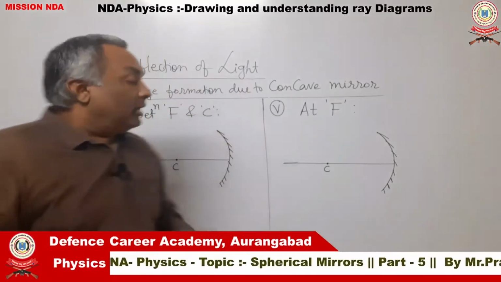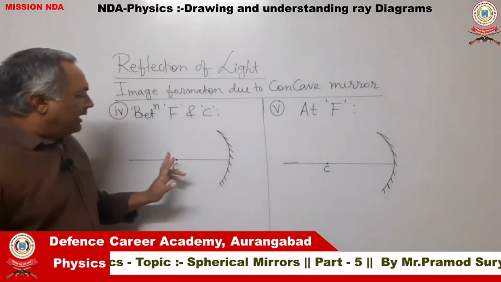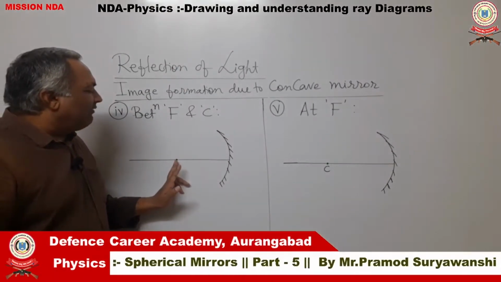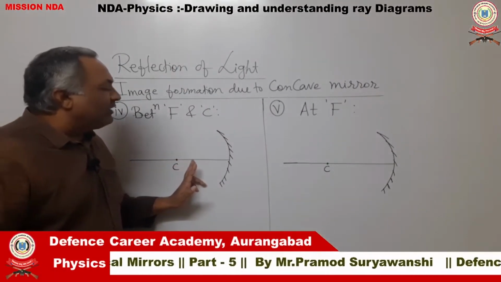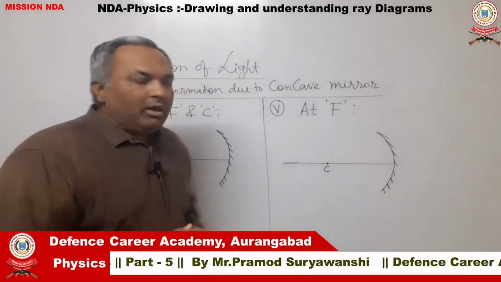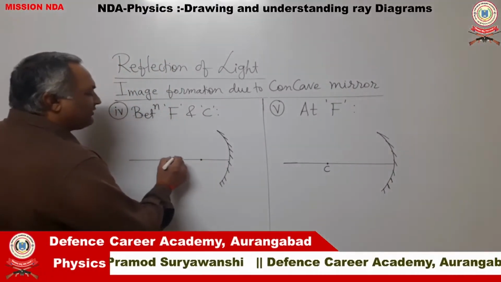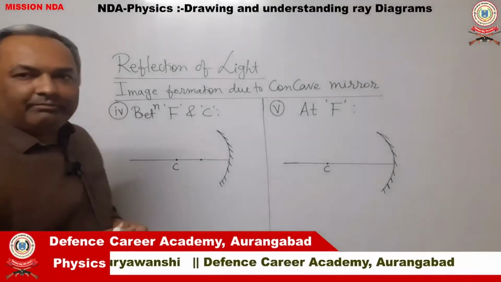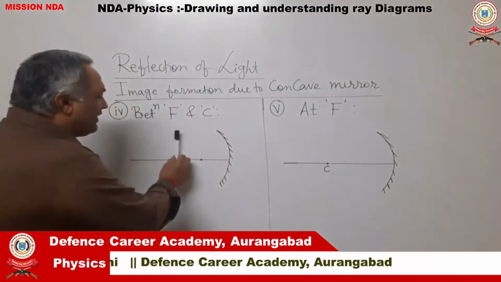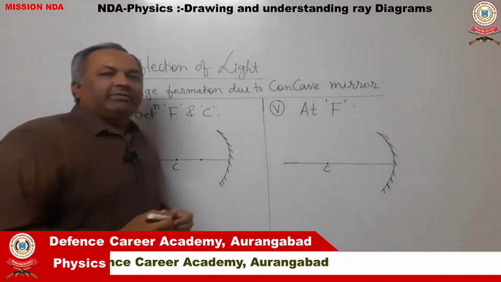Second thing, for this, if you move the object away from the center of curvature and towards the focus, okay. So previous diagram, if you remember, object was at C, image was also at C. Now imagine you are moving the object towards focus.